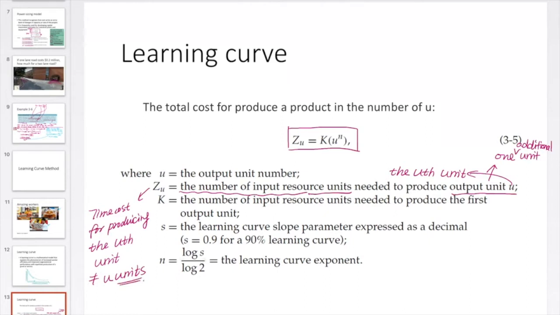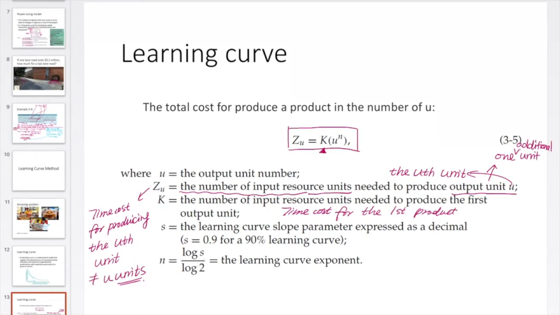All right, and then on the right side of the equation, you will see the K. K is the number of input resource, which we always say is the time cost. So K is the time cost needed to produce the first output unit. So K is actually the time cost for the first product. We can imagine that it's going to be very high because we know the learning curve is going down.